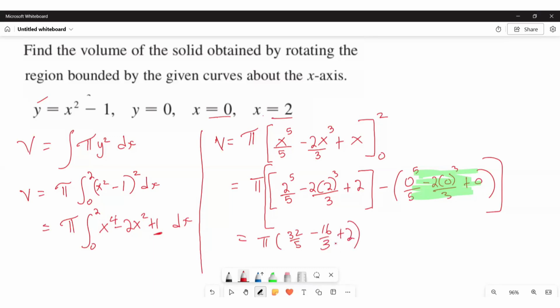And if we work out this fraction quickly, we're actually getting 46 over 15 pi, right? And it is cubic units, right? So this is the volume when this is rotated around the x-axis, right?